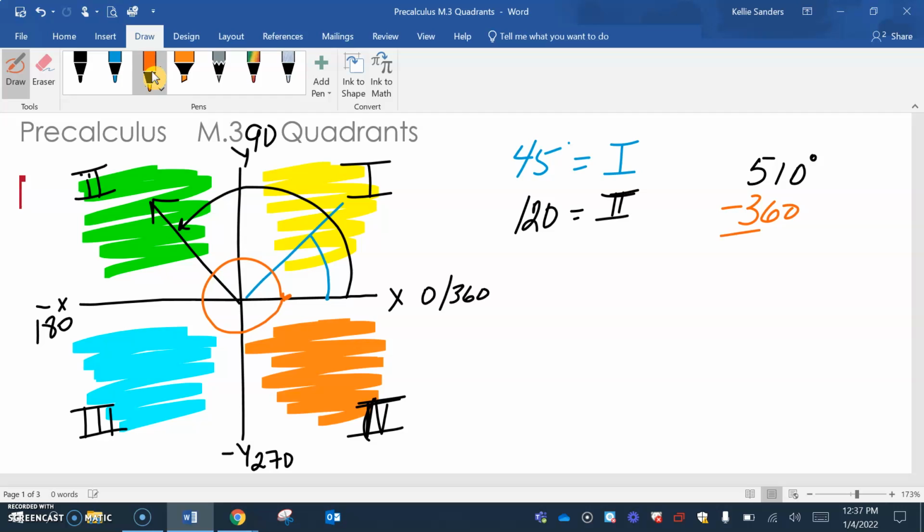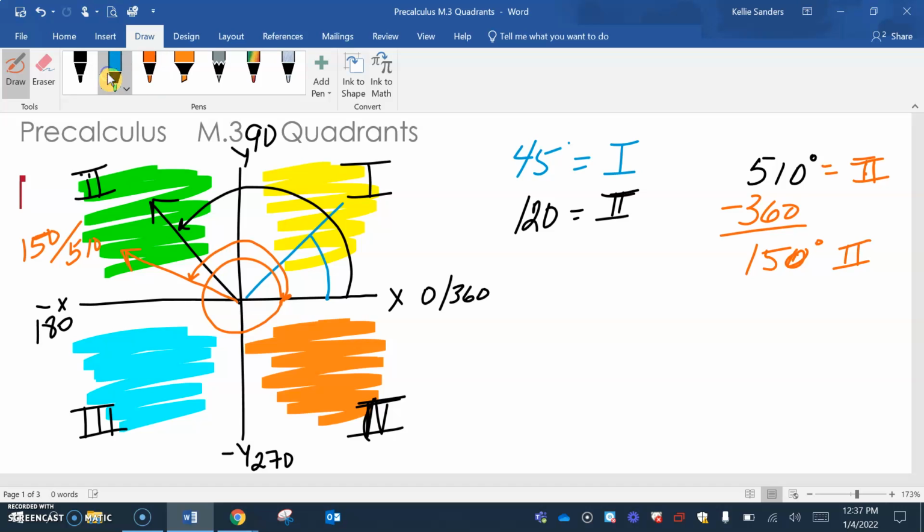So we're going to subtract 360 from 510 and get 150. So I have to go 150 more. So that's 90 more. So I need to go 60 more than that. So this is 510, which is the same thing as 150 because they're coterminal. And so 510 is in quadrant 2 and 150 is in quadrant 2.